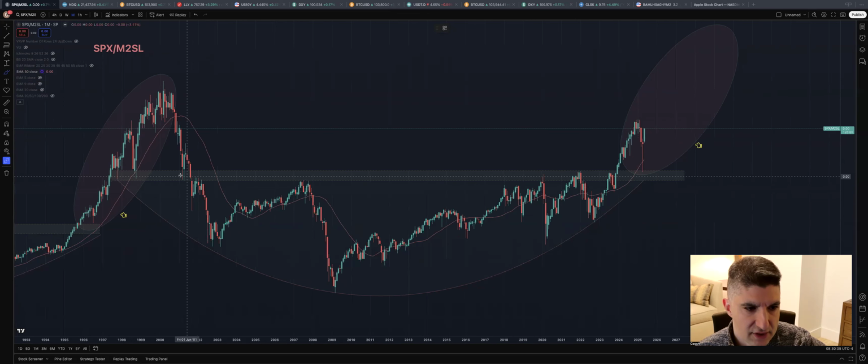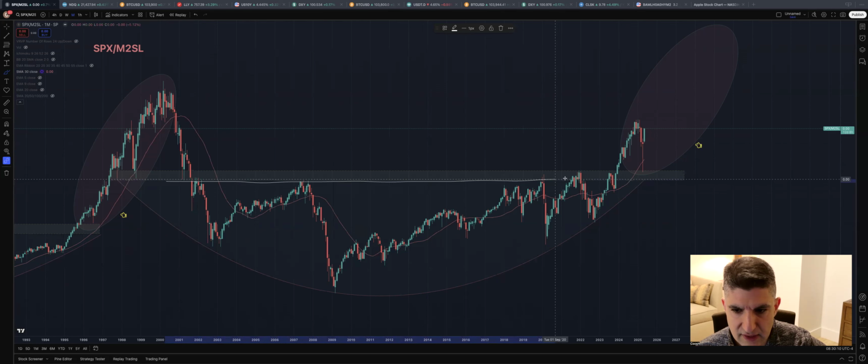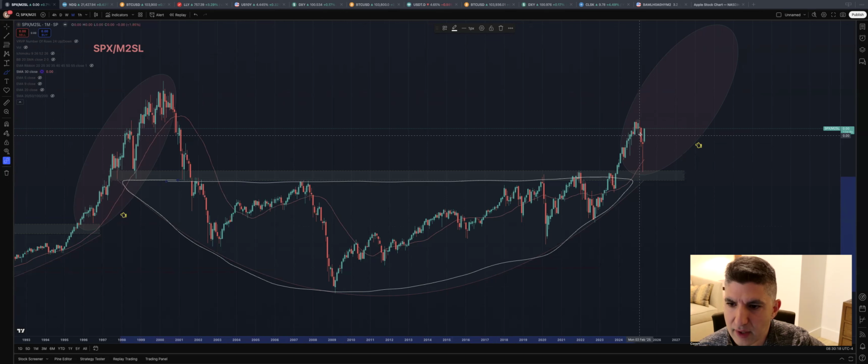I posted this chart and I said, look, this is a generational. I just posted this chart on X with not a lot of commentary when we were down here. The candle was here, okay?